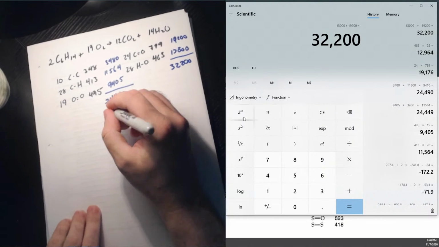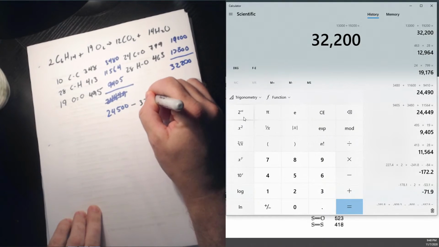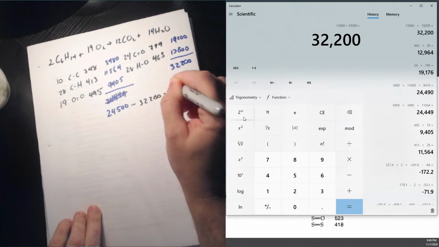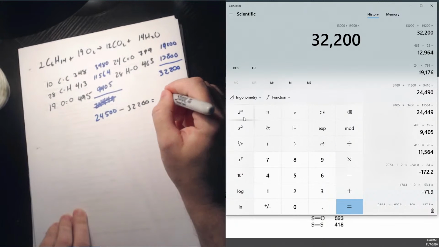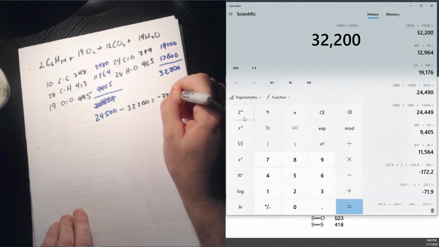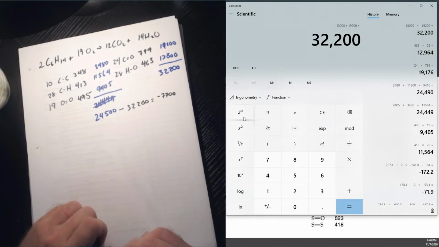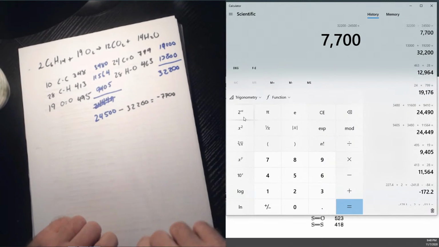So 24,500 minus 32,200 is going to give us negative 7,700. It seems wrong, but I'm going to go ahead and trust myself. So let's see, minus 24,500. Yeah, 7,700.